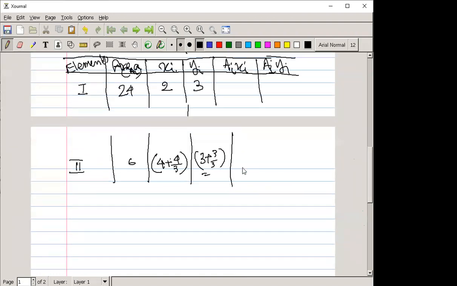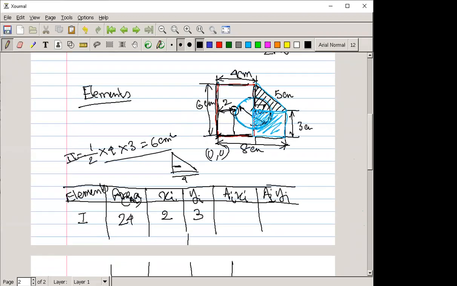And for element 3. So here element 3 is this one. If it is element 3, so x is how much? Xi, this is total 4 and this is 4 by 2, right? So it is 6.